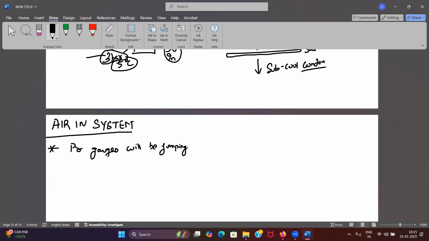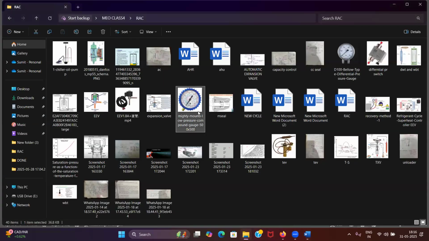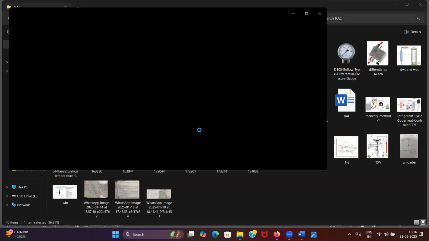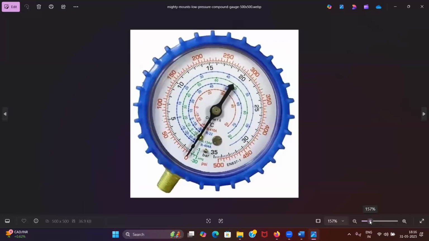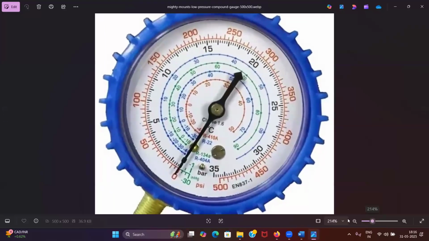You have normally a compound pressure gauge, okay? So I will tell you about compound pressure gauge also. If you see over here, this is a compound pressure gauge, it will show you the temperature and pressure. You can see over here, it is written bar. This is a compound pressure gauge, specifically a suction pressure gauge because here there is a negative value. In a discharge pressure gauge negative value will not be there.